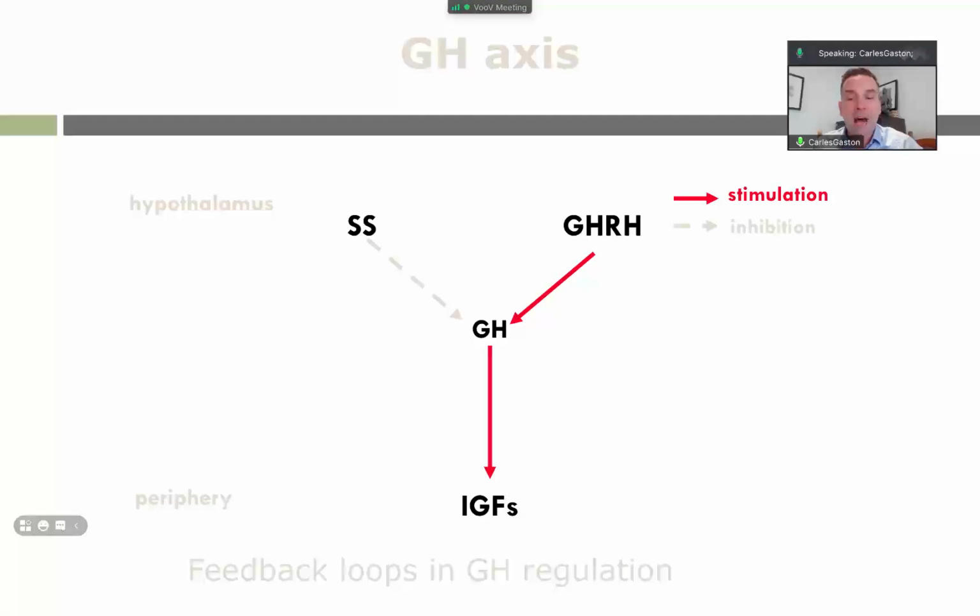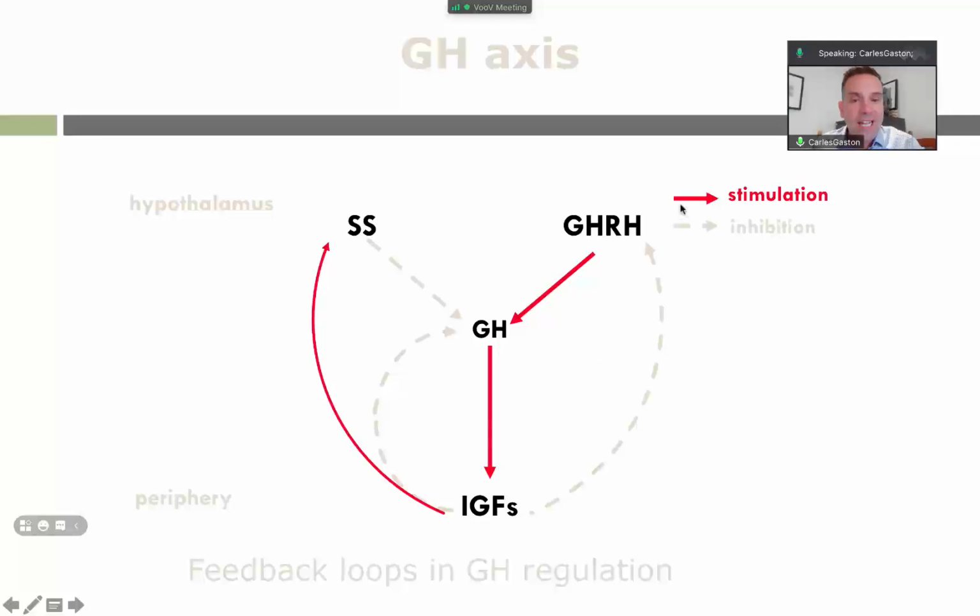But then there is a feedback loop, like most of these pathways, in which IGF activates growth hormone releasing hormone, and it activates growth hormone and it produces IGF. But also it can activate somatostatin, and obviously this has an impact on growth hormone.